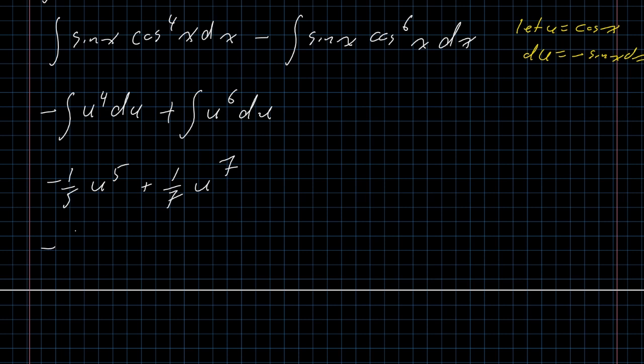And so we end up with minus 1/5 cosine to the fifth of x plus 1/7 cosine to the seventh of x plus an arbitrary constant of integration.